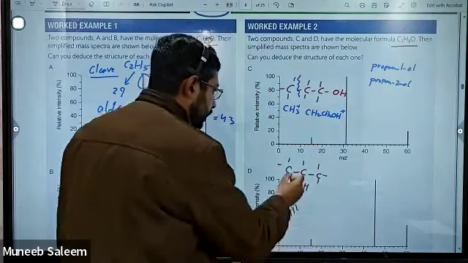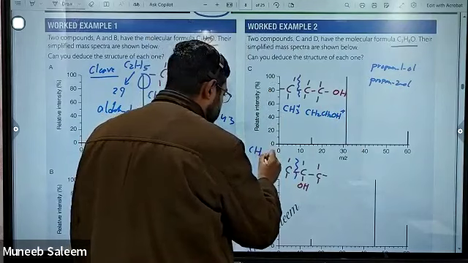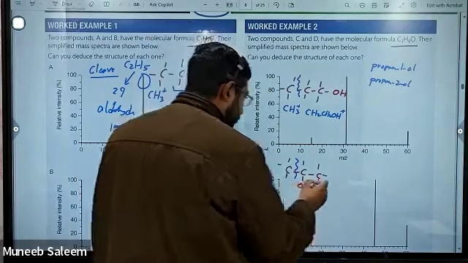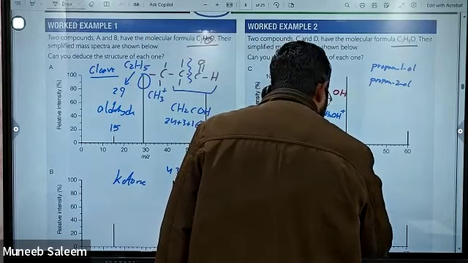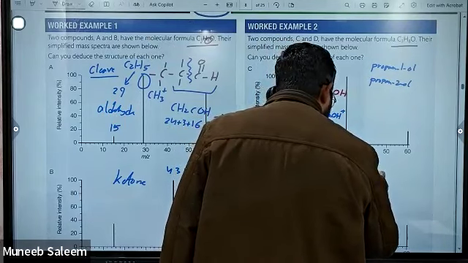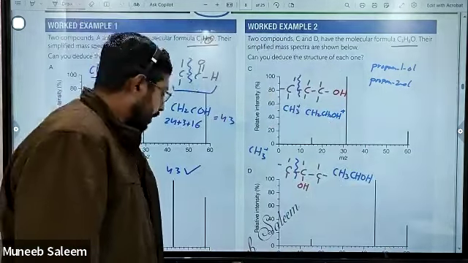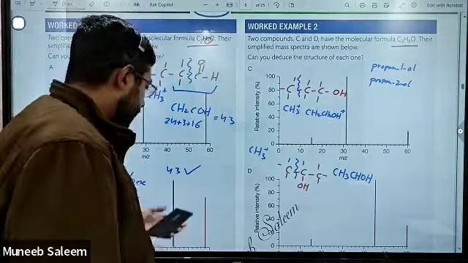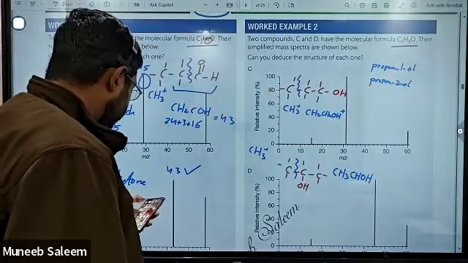Now over here, I will do fragmentation over here. This will also give me a CH3 cation, and the other part will become the CH3CHOH fragment. Now we need to find out the values of their masses to identify which of the peaks are matching them.